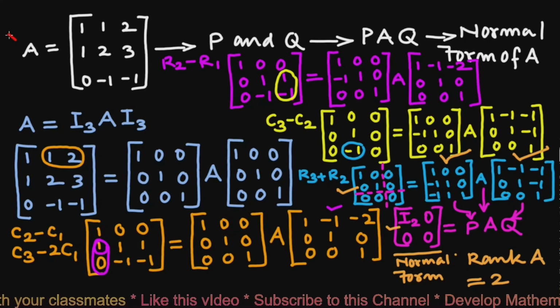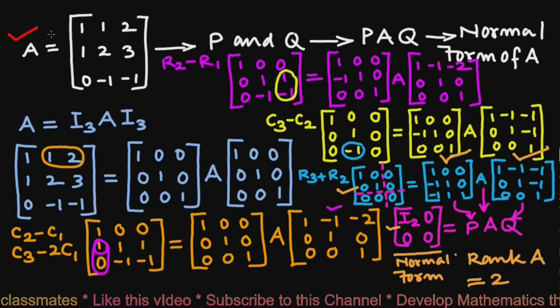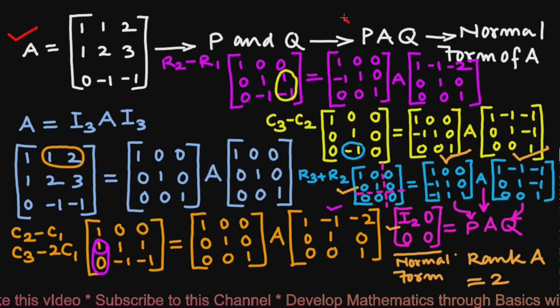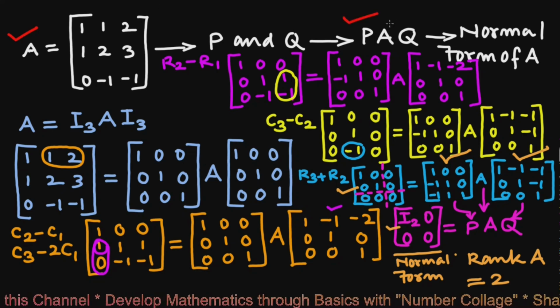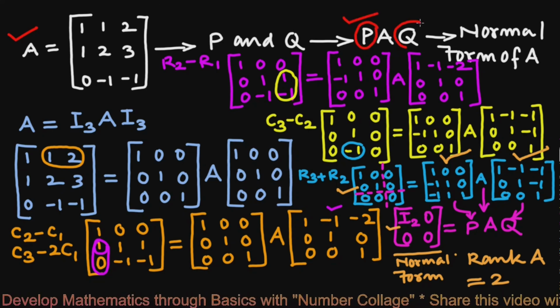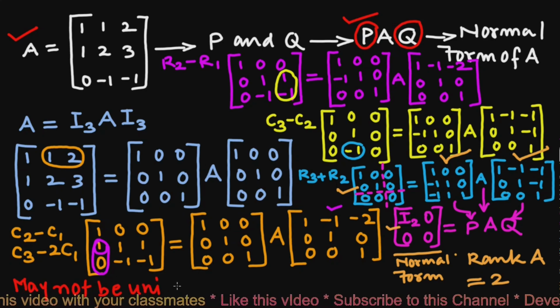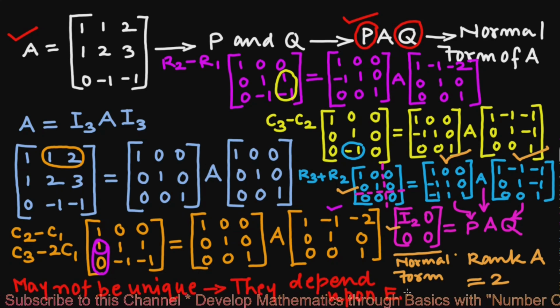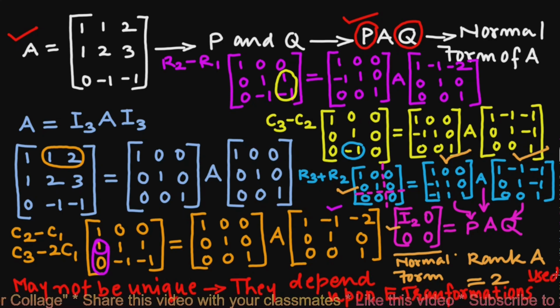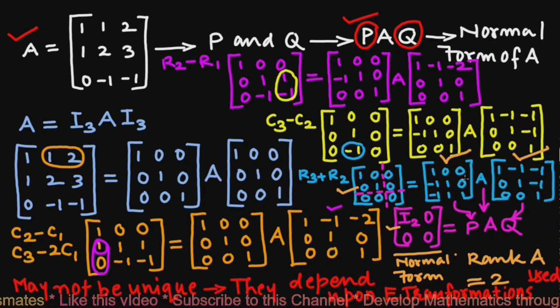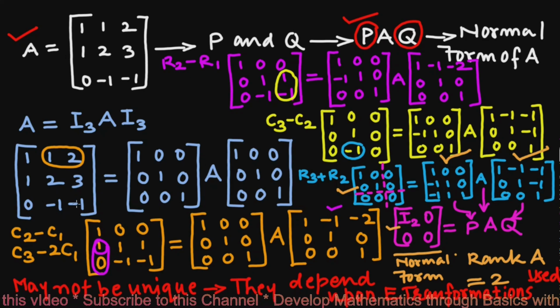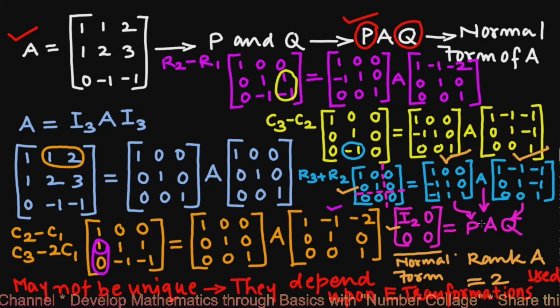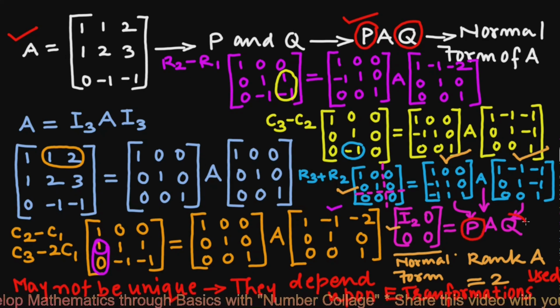In case of reduction of a matrix A into normal form PAQ, the matrices P and Q may not be unique because they depend upon the elementary transformations used. If we use different transformations than what we have used here, we will get different matrices P and Q.